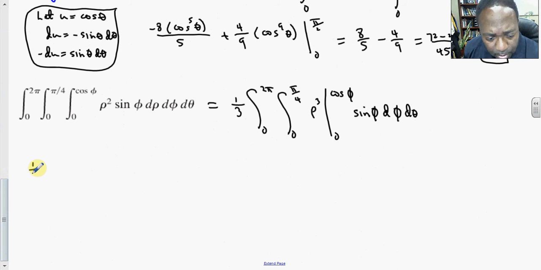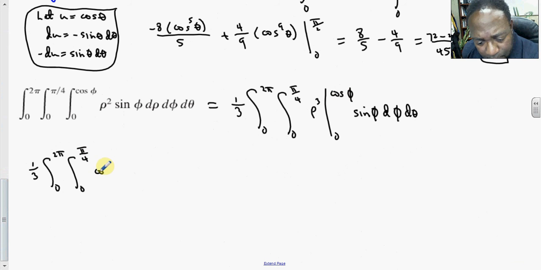So this is 1/3, the integral from 0 to 2 pi, the integral from 0 to pi over 4. And so rho evaluated at cosine phi is cosine cubed phi times that sine phi there. You evaluate at 0, you just get 0. So this is now d phi, d theta.